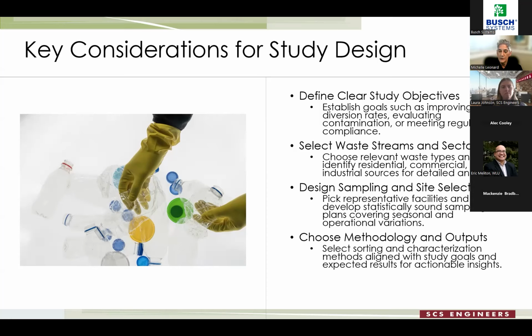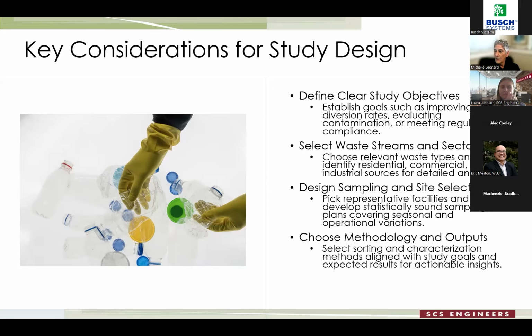For your commercial sector, are you just going to do commercial in general, or do you want to try to capture different generators, whether it's restaurants or hotels or office buildings, etc.? And again, these are aligned with what your objectives for the study are, what you will be using that data for.